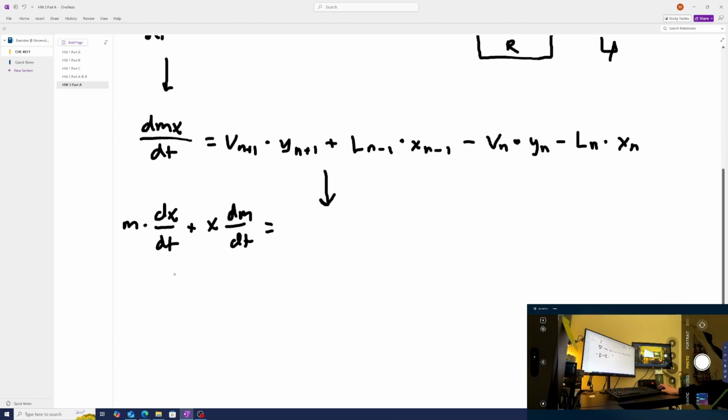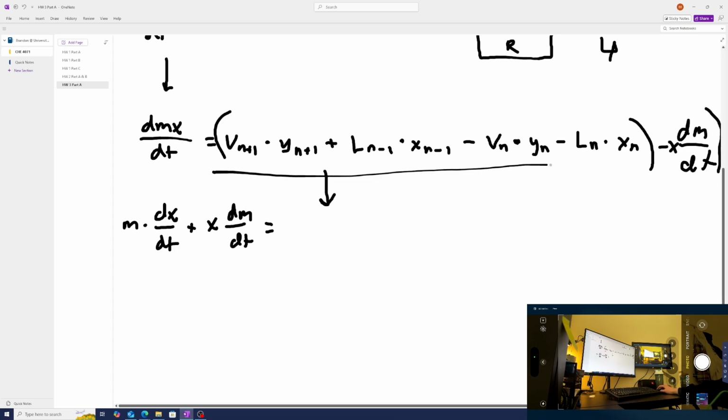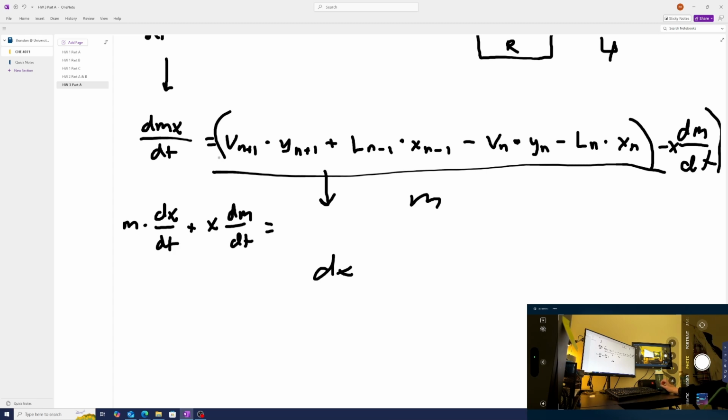To get our dx's, we need to first take what's over here. We need to subtract our dm dt multiplied by x, and then we need to divide by m, giving us dx. So this is our dmx minus our x times dm dt, divided by m.